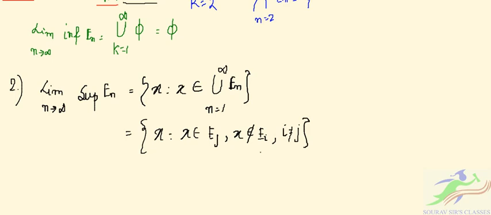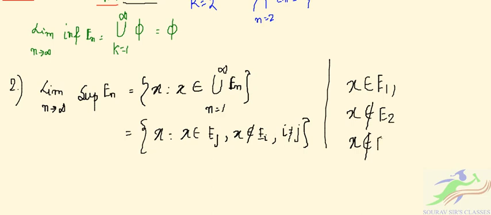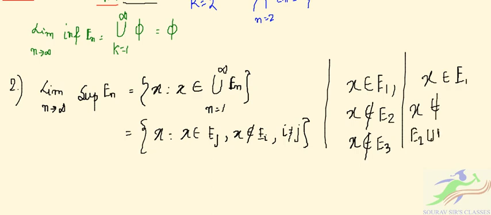Without loss of generality, if we assume that x only belongs to E1 and does not belong to any other set E2, E3, we can write it in this manner: x belongs to E1 and x does not belong to E2 union E3 union E4 and so on.